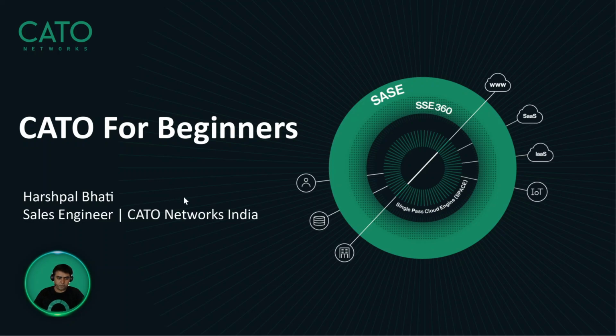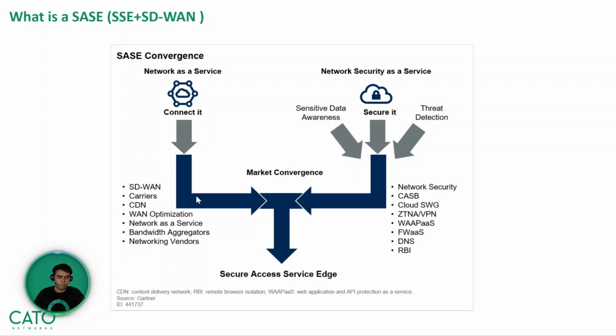So let's start. Before I get into the demonstration of CATO SASE, for beginners it is very important to understand what SASE is all about. In short, this is the blueprint from Gartner where they talk about SASE as a converged platform, where the whole idea is to converge the network services and the security services into one platform.